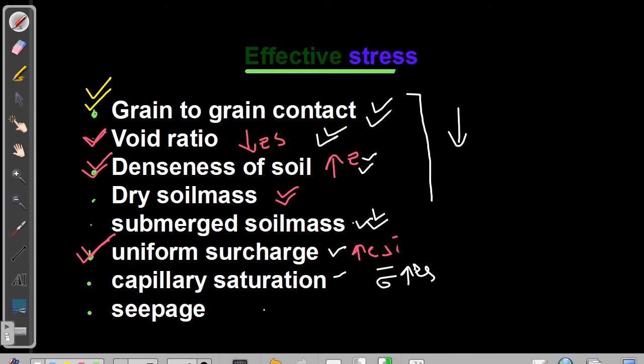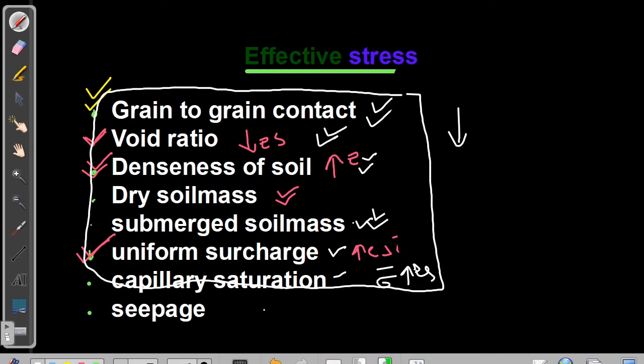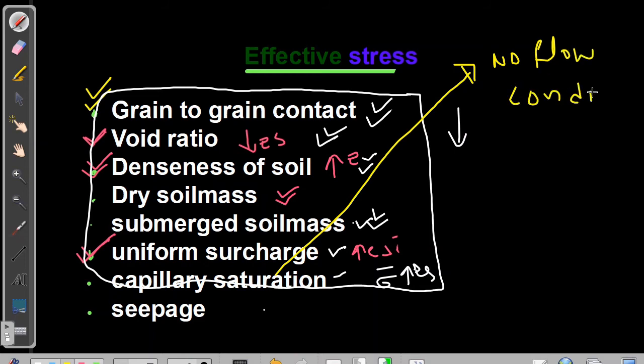Till now we discussed the no flow condition. But seepage means flow.